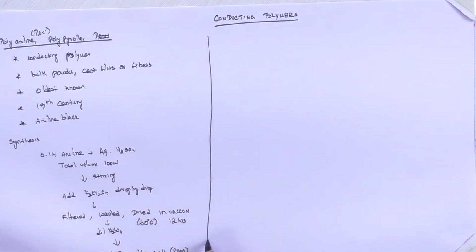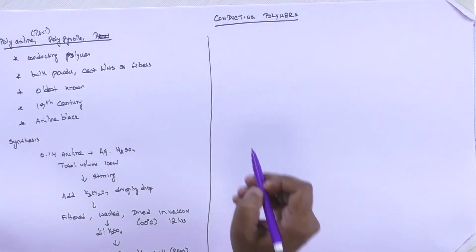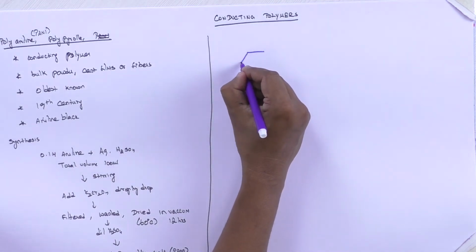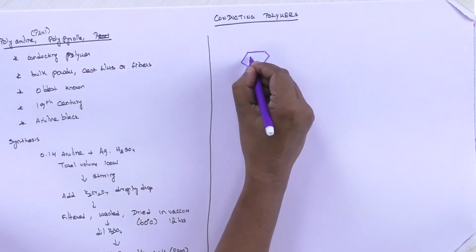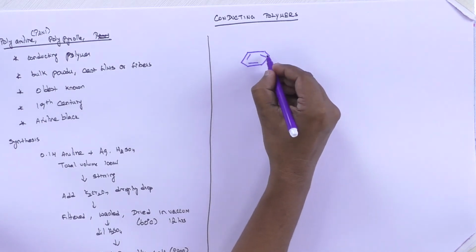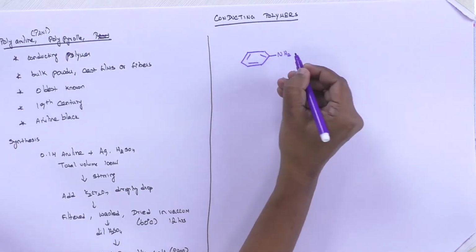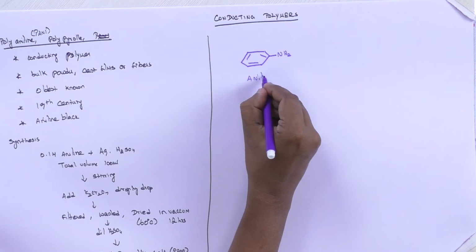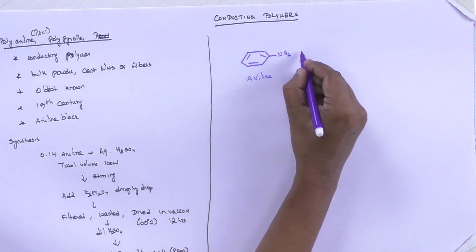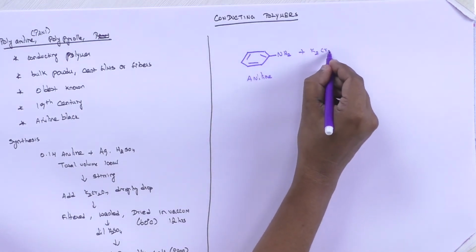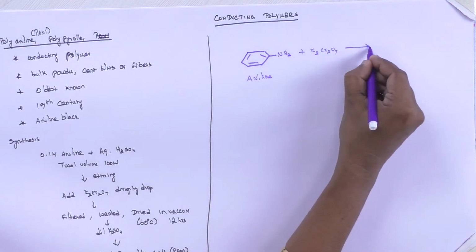Simply, I can write the reaction like this. As a chemist, we should be able to write a reaction. I am taking aniline, with one amine group, and K2Cr2O7 as oxidizing agent.